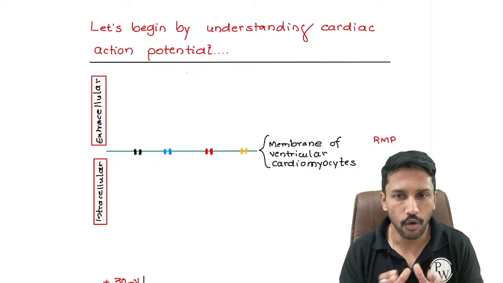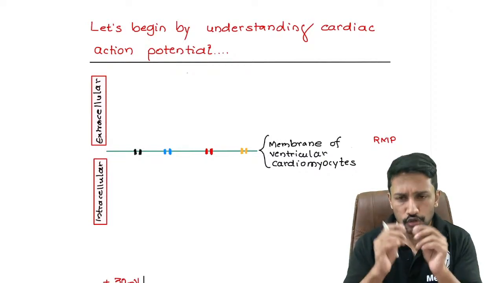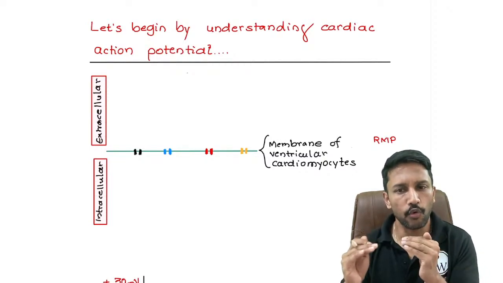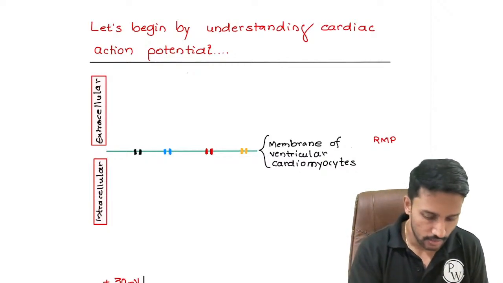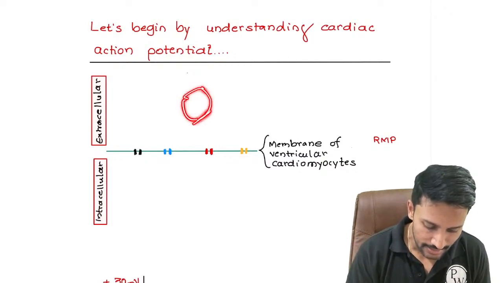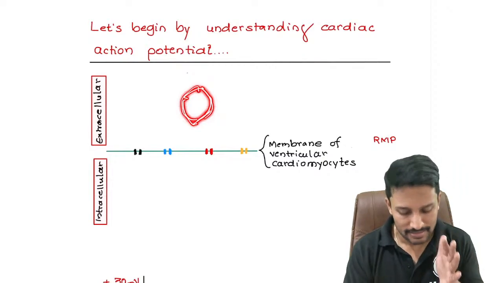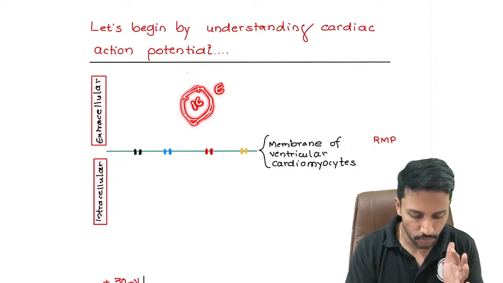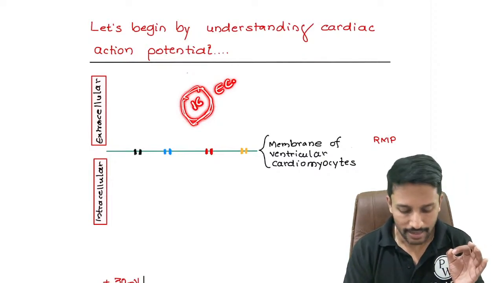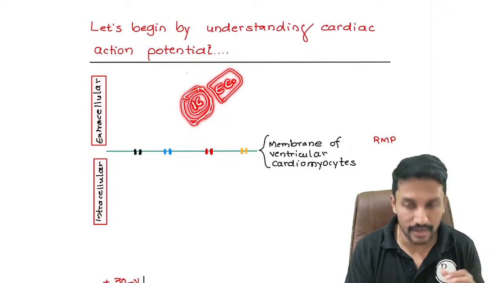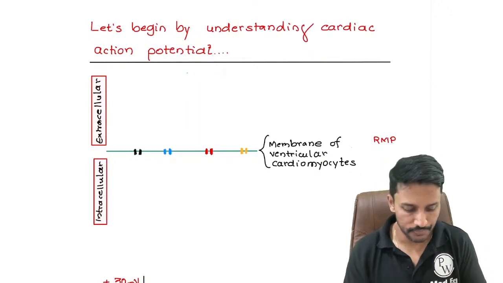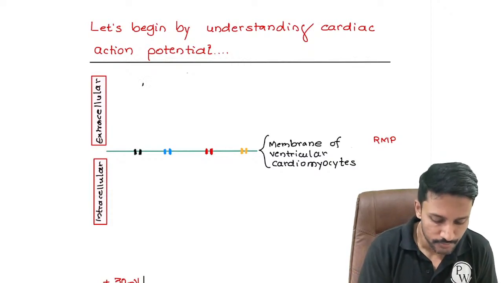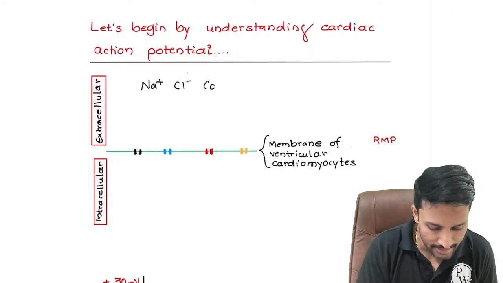Okay. Now, we all know that most of our cells have some degree of voltage, and that voltage comes because the cell membrane separates the intracellular compartment from the extracellular compartment, and the composition of intracellular and extracellular fluid is not exactly the same. For example, the extracellular compartment is loaded with sodium, chloride and calcium.